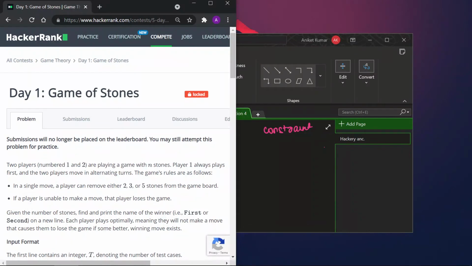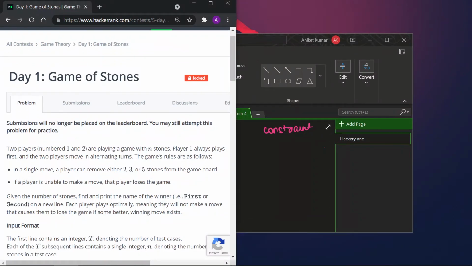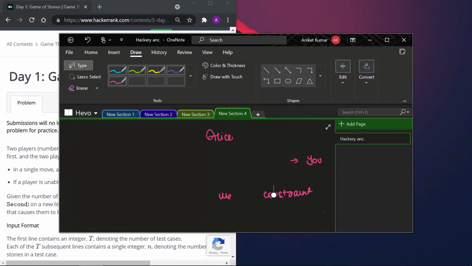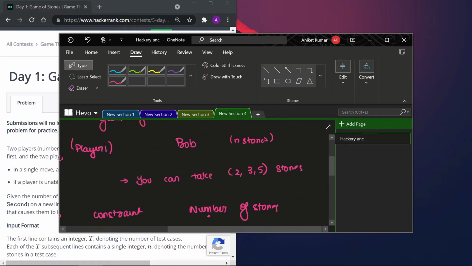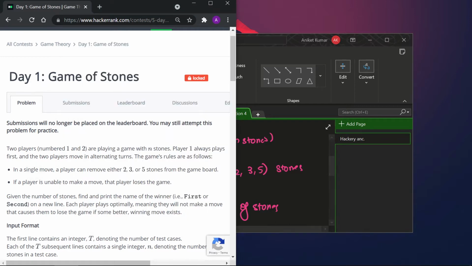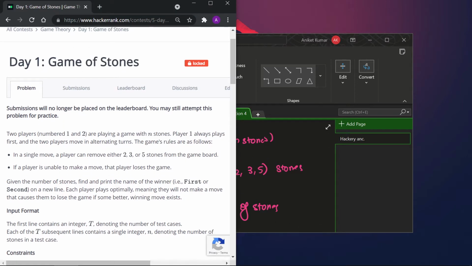I have the question here, and it says that there are two players, number one and two. They are playing a game of n stones. Player one always plays first, so we can assume Alice to be player one, and Bob to be player two. Up to here, we have just discussed what the question is trying to convey.